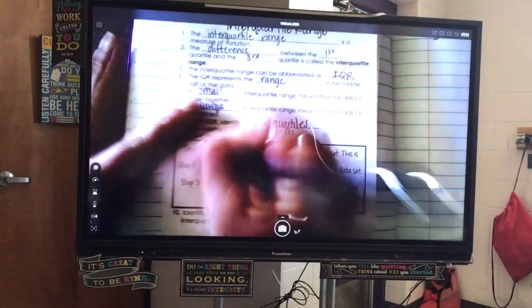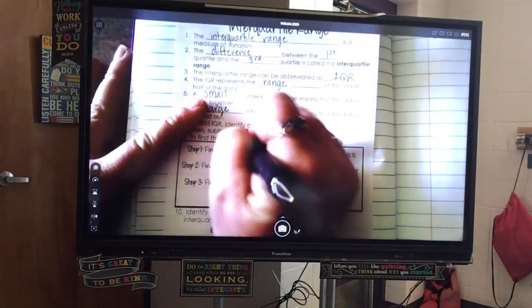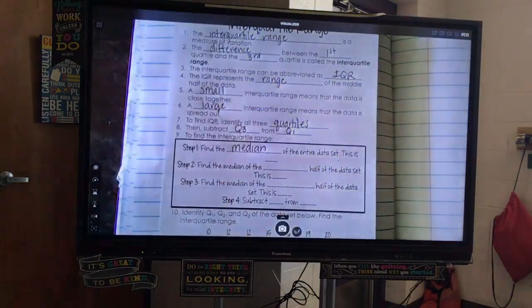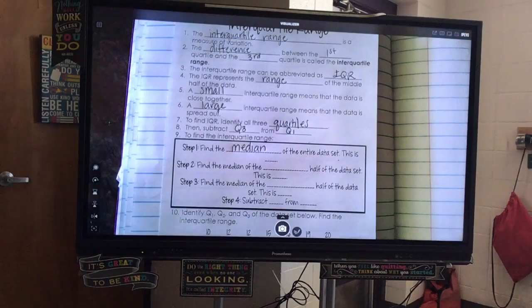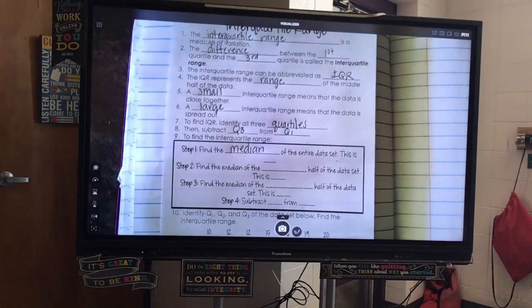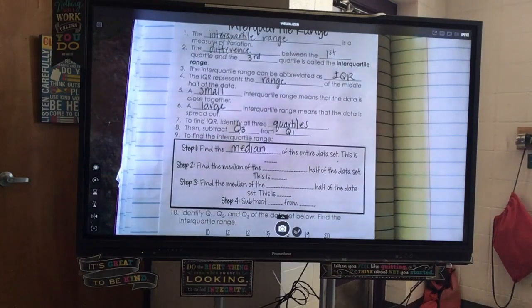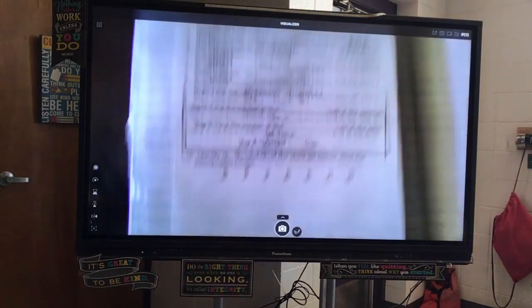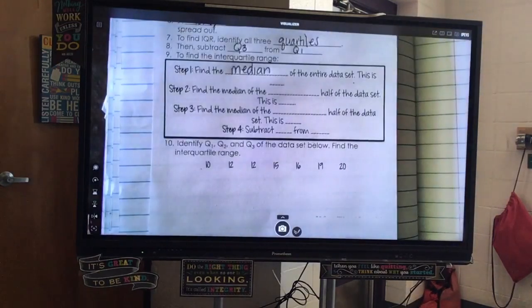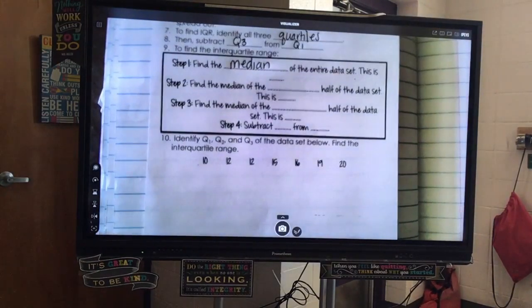Alright, so the very first thing you do is find the median of your entire data set. Okay, you've got to find the middle, and then you find your Q1, and then you find your Q3. So we're looking at our data set down here. What do you notice about the numbers on the bottom of our page before we fully get into this, Caleb?